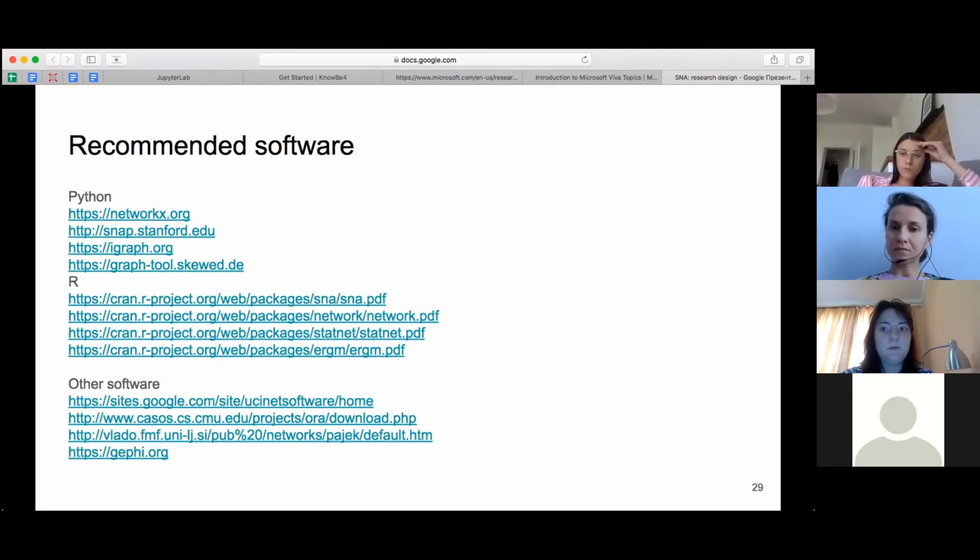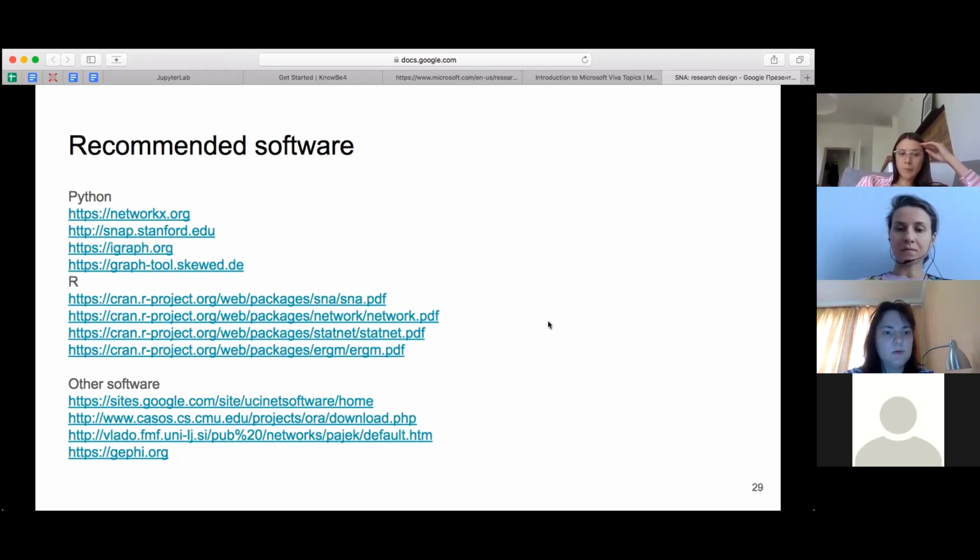You can do it in R, and in Python you can compute a lot of statistics. You can make great visualizations, and you can also do embeddings on a network level with Stanford SNAP and with Node2Vec. So I would suggest using the software depending on your goal. If you do not have a very specific question, you can use the software that you are familiar with.